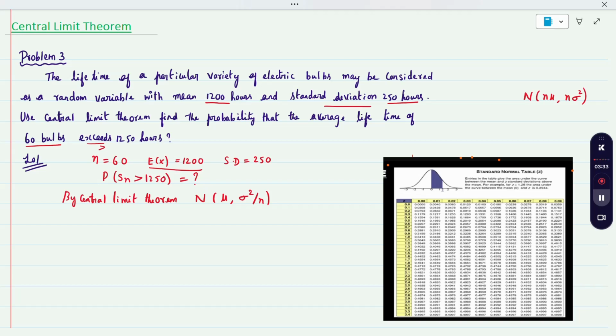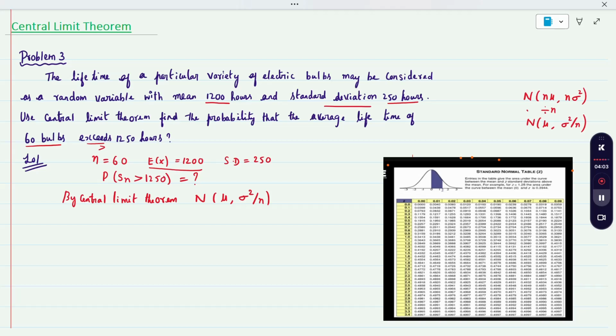I'm going with this format, where I'm not multiplying by n. Throughout, it is the same procedure. I remove n, which means throughout I have to divide by n. When I do that, it becomes mu comma sigma squared by n. So it is the same, not a different method.